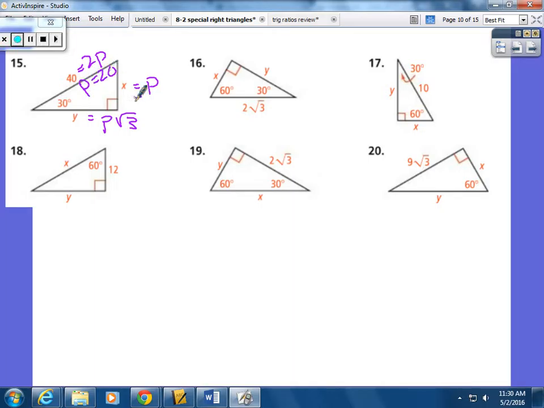So that means x equals 20, y is going to be 20 root 3. 17, I've got a 30, 60, 90. Hypotenuse is 2p, p root 3. So if 2p is 10, p has to be 5. So x is 5, and this is going to be 5 root 3.